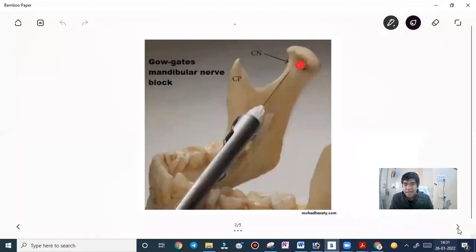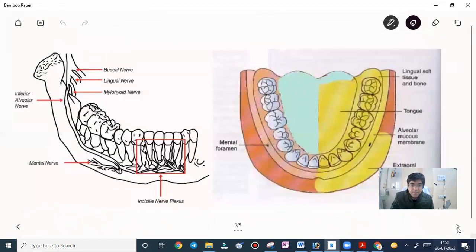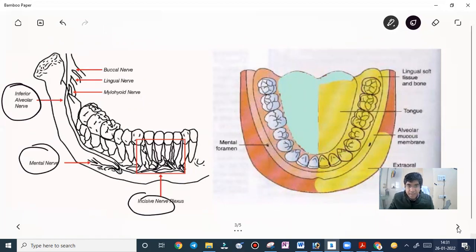The nerves that are anesthetized are the inferior alveolar nerve, mental nerve, incisive nerve, lingual nerve, mylohyoid nerve, buccal nerve, and auriculotemporal nerve.